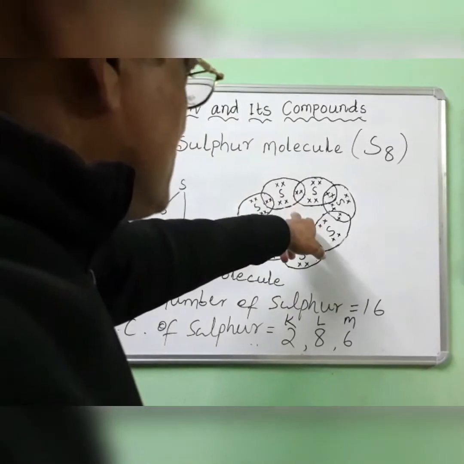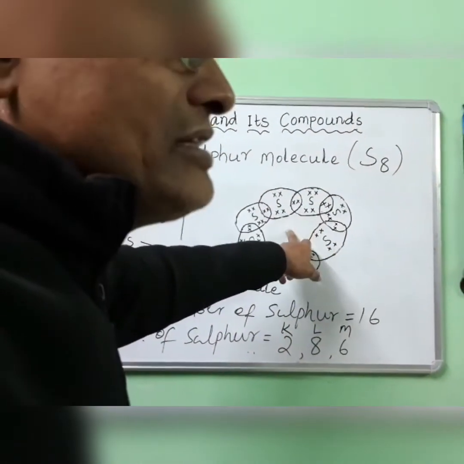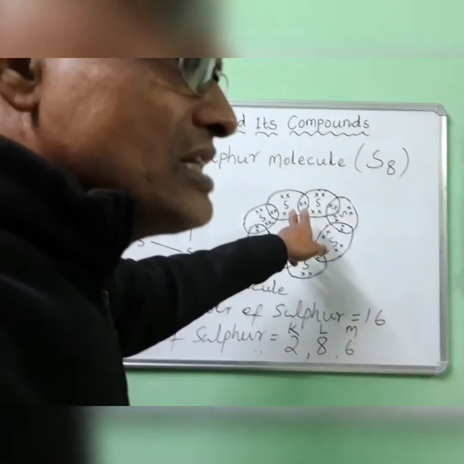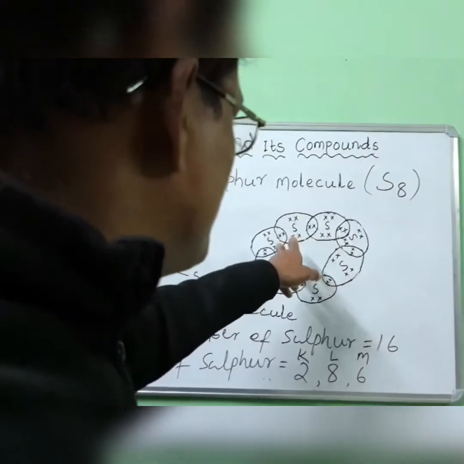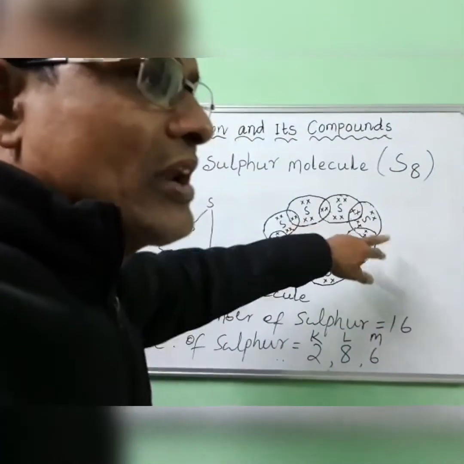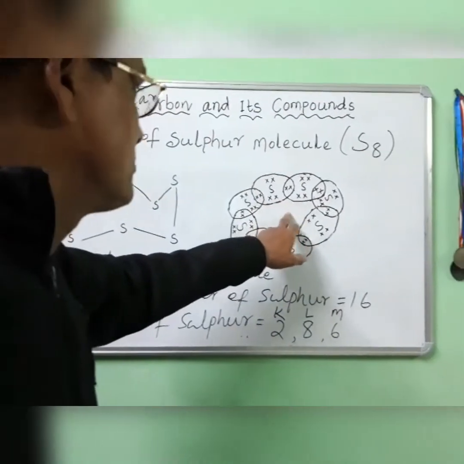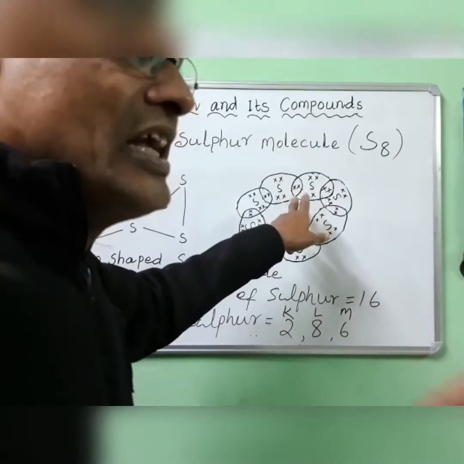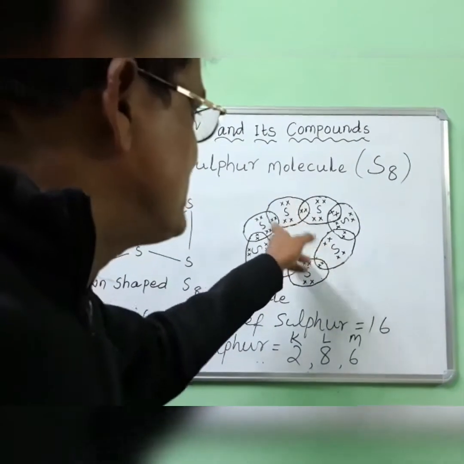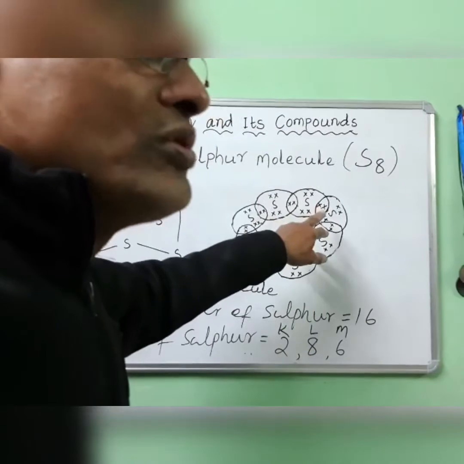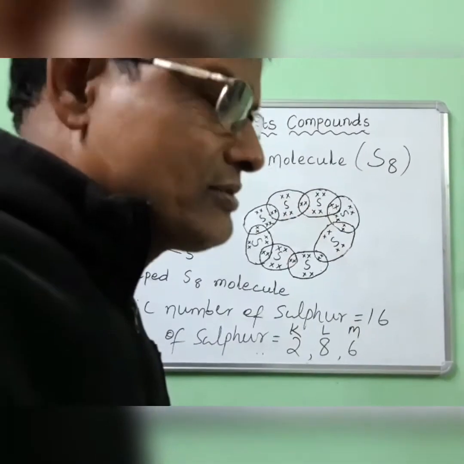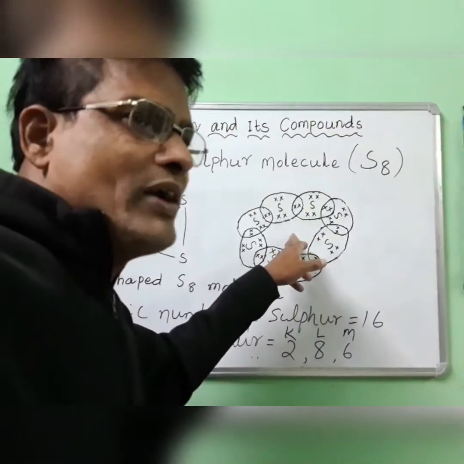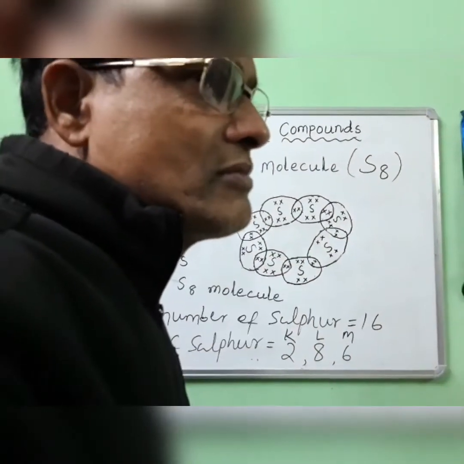So here this is achieved by sharing 2 electrons individually, one each with 2 sulfur atoms, so that each sulfur atom becomes octet.